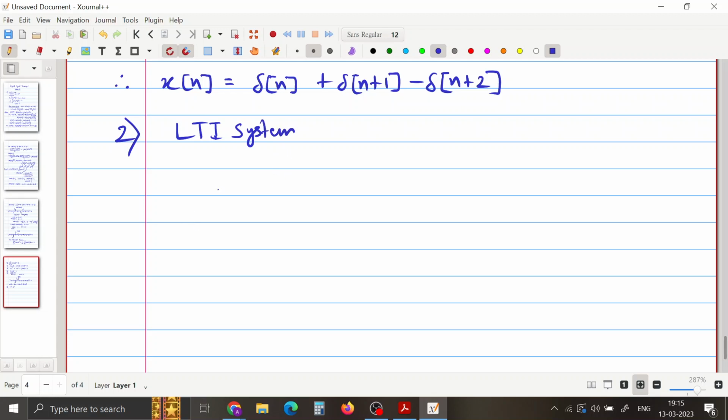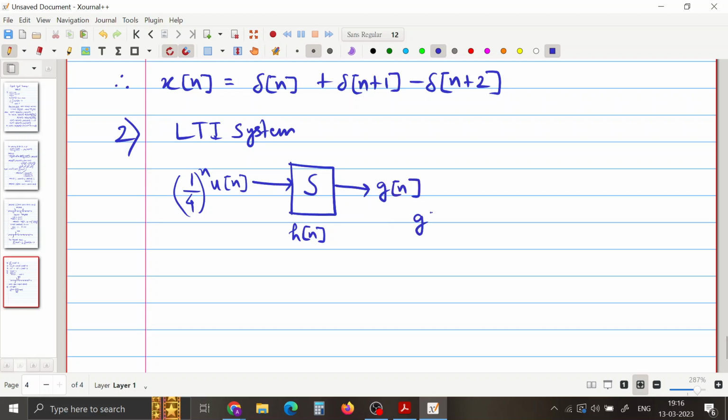If we apply an input of this form to this LTI system, denoted by S, with an impulse response h of n, it gives an output g of n.